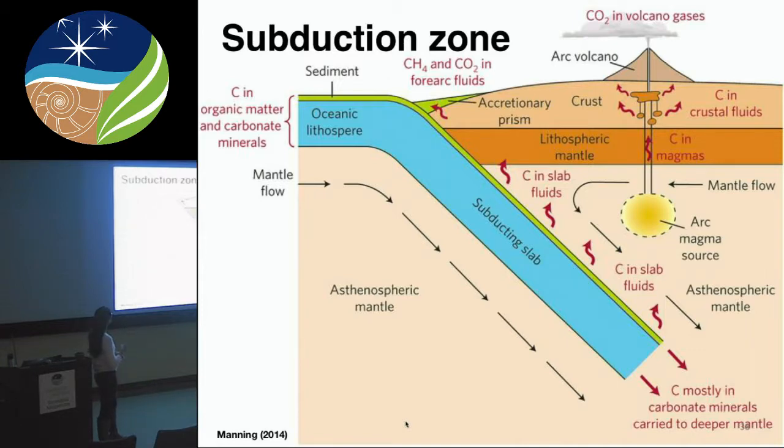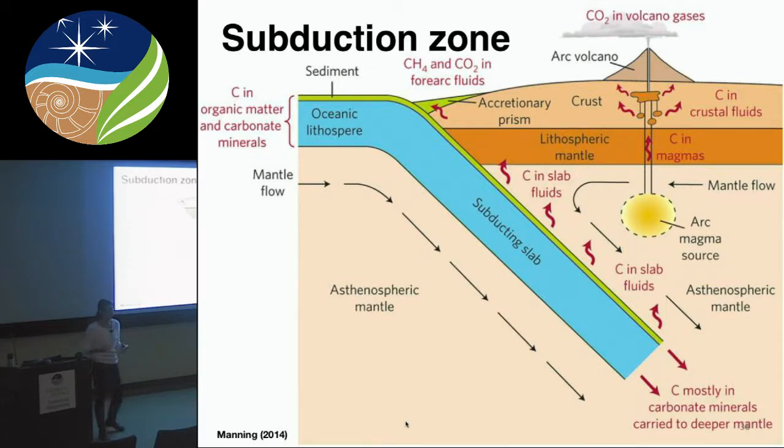You have carbon in sediment, organic matter and carbonate minerals subducting down. With the subducting plate, it changes in heat and pressure, and that carbon gets released and somehow makes it to the surface as carbon dioxide in volcanic gases.